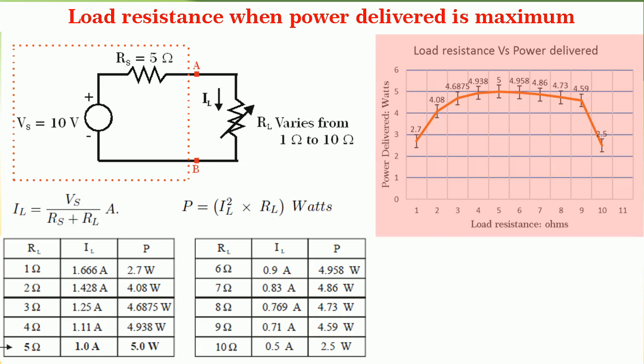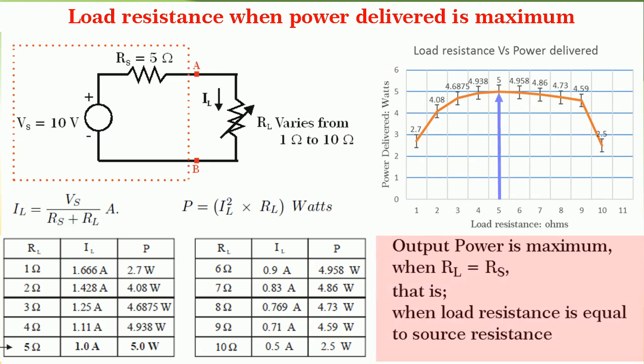You see that power transfer is maximum at a particular value of RL, that is RL equal to 5 ohm. What does it mean? Look, output power is maximum when Rs is equal to RL, that is when the source resistance is equal to the load resistance.